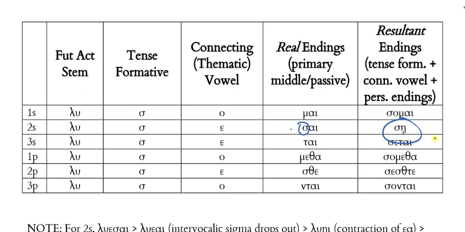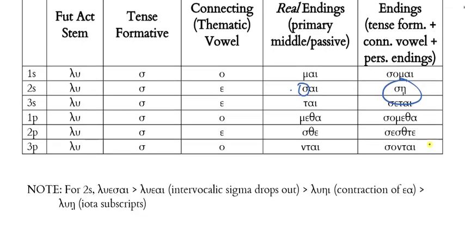Okay, so when you put it all together, lu, sa, connecting vowel, and then the mai, sai, tai, metha, ste, ntai endings, you get what's almost identical to your present middle passives, except you've got that sigma hanging out, and that second person singular is going to be naughty again. All right?